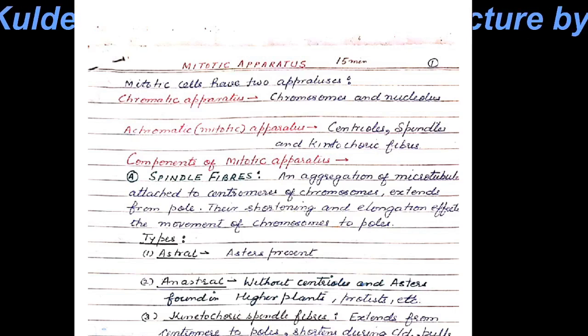When they shorten, the chromosomes are pulled apart towards the poles, whereas their elongation affects the movement of chromosomes towards the poles. In fact, they get pushed towards the poles through the elongation.